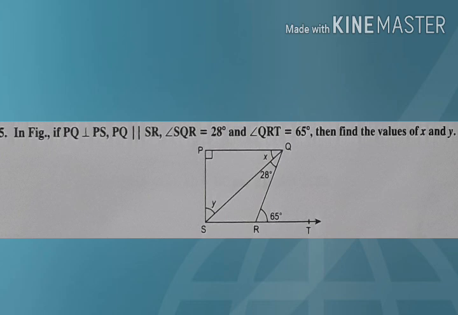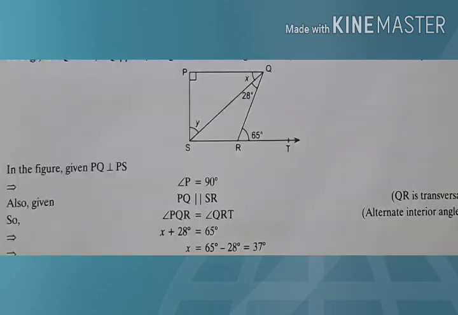Now we can substitute the values: angle PQR equals x plus 28 and angle QRT equals 65. So we can find the value of x by transposing, that is x equals 65 minus 28, which equals 37 degrees. Now we can consider the triangle PQS.